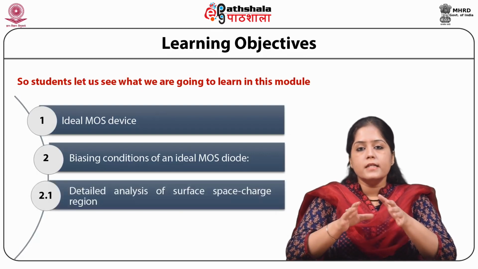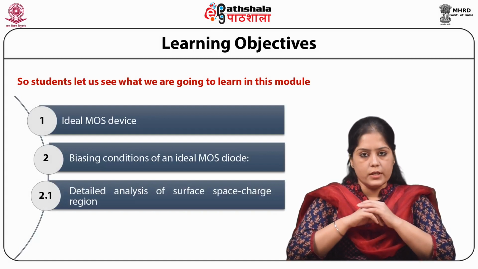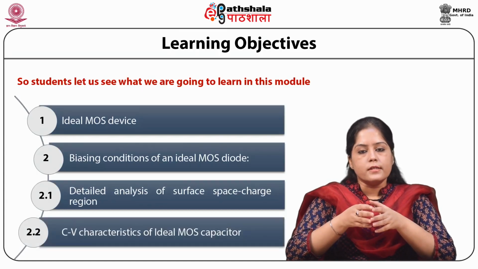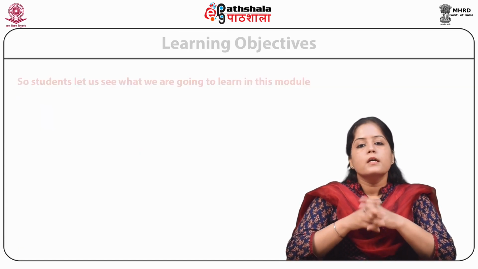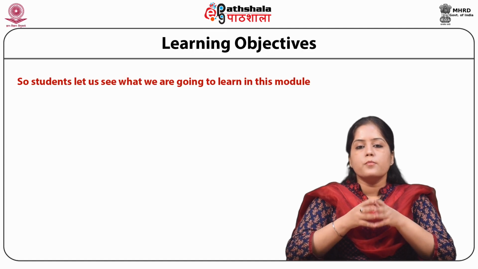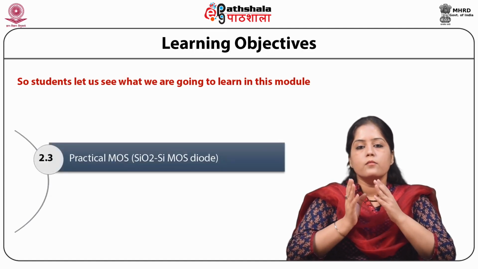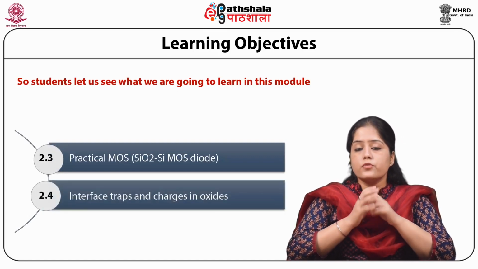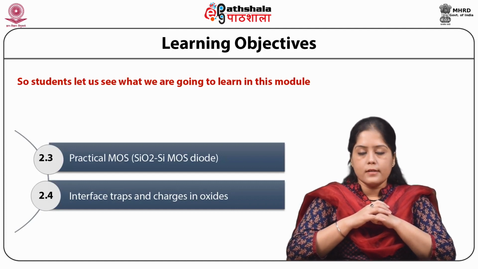Third, the detailed analysis of surface space charge region. Fourth, the CV characteristics of ideal MOS capacitors will be discussed. Next, we will also discuss the practical MOS, that is the SiO2-Si MOS diode. And lastly, the interface traps and charges in oxides will be discussed.